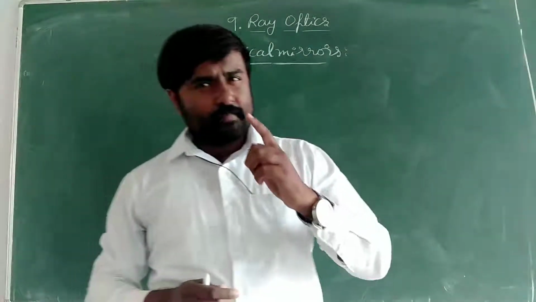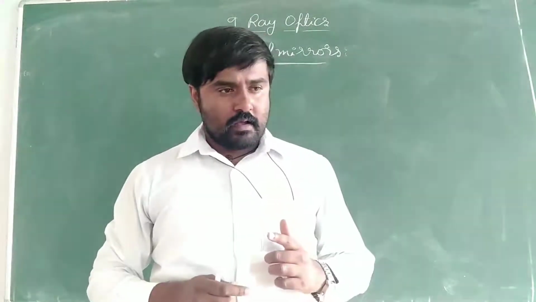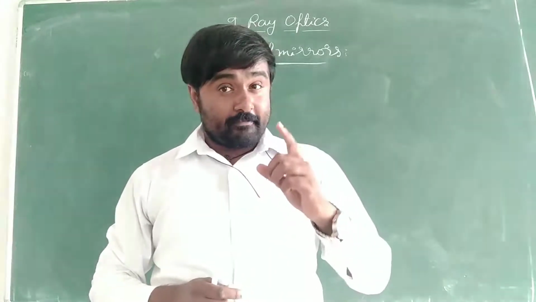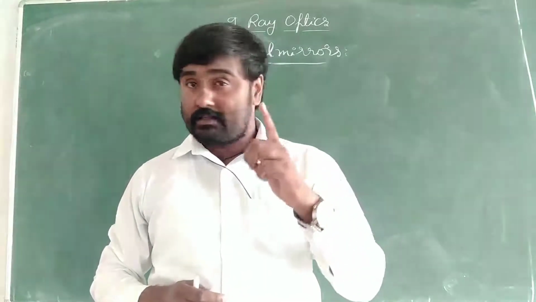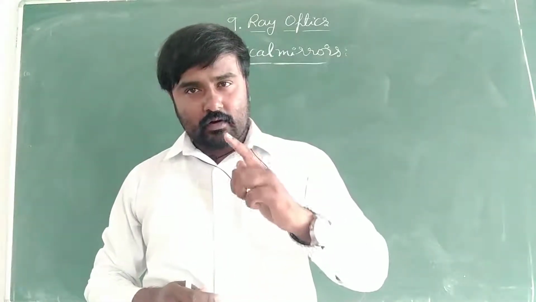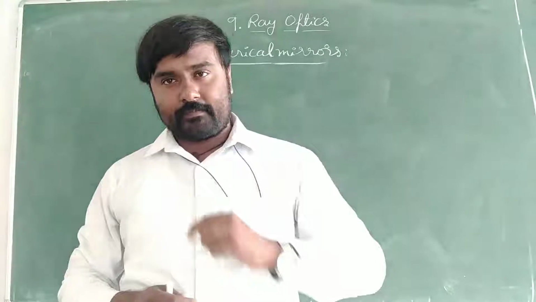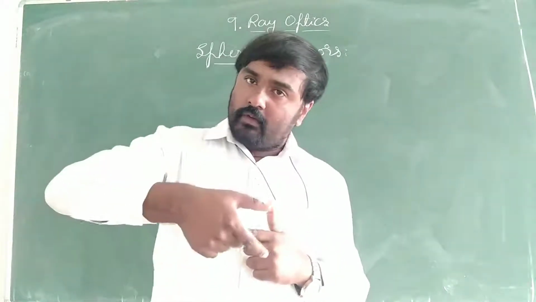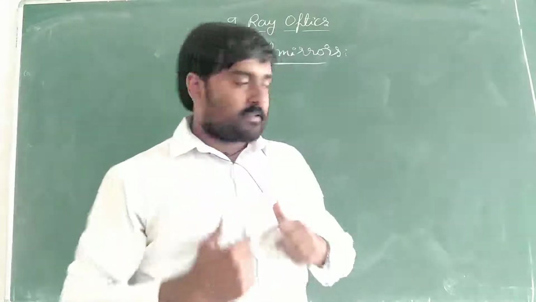So what is the meaning of spherical mirror? A reflecting spherical surface is called a spherical mirror. It is of two very important types, one is concave, another one is convex.